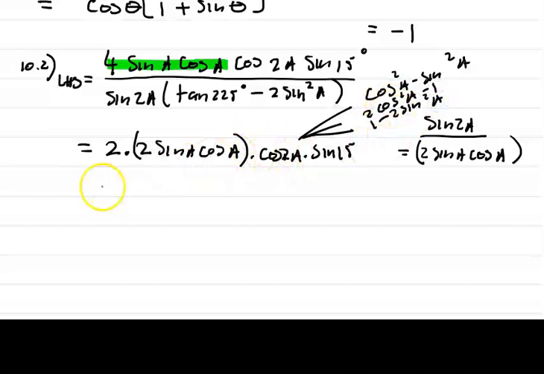So we won't choose now, we'll choose later. Sine 2A. So once again, this 2 sine A cos A is going to become sine 2A, so we don't have to change that, right?